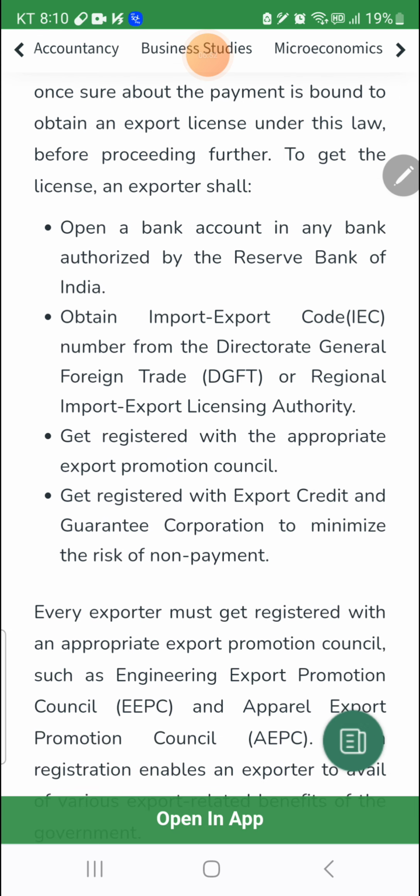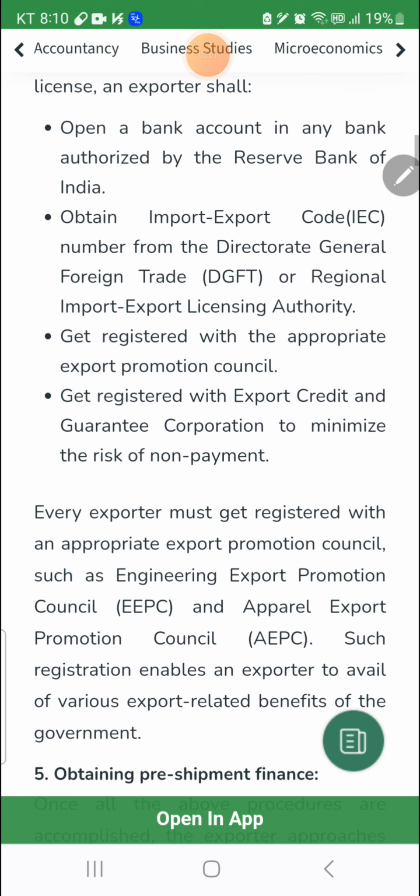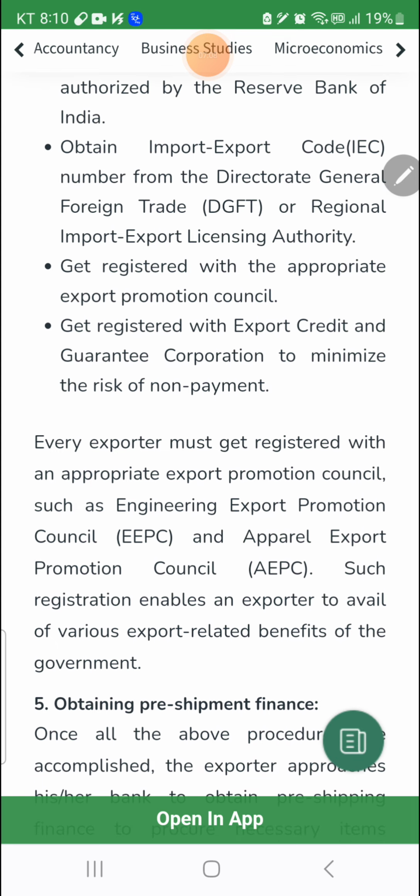Obtain the Import-Export Code, IEC number, from the Directorate General of Foreign Trade, DGFT, or the Regional Import-Export Licensing Authority. Get registered with the appropriate Export Promotion Council. Get registered with the Export Credit and Guarantee Corporation to minimize the risk of non-payment. So you need to register with two organizations. One looks like a business industrial association.